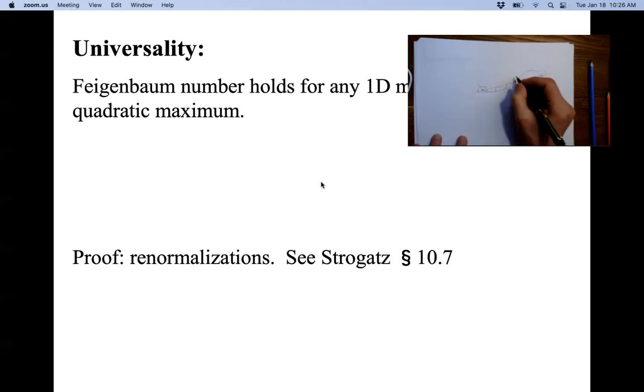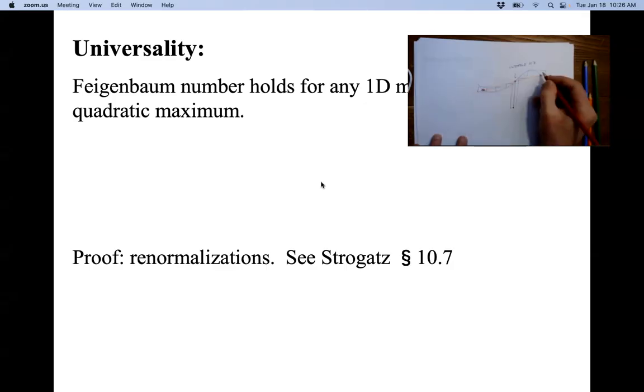So this thing here is an unstable fixed point. Fixed point. I'm going to do FP for fixed point. And these two here, these are stable fixed points. That's a stable fixed point, and that's a stable fixed point.